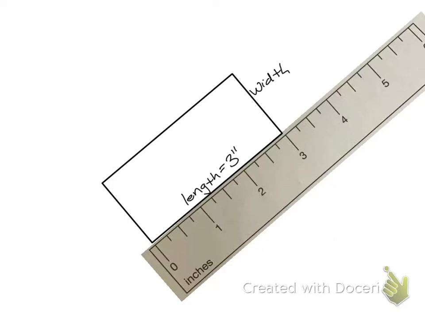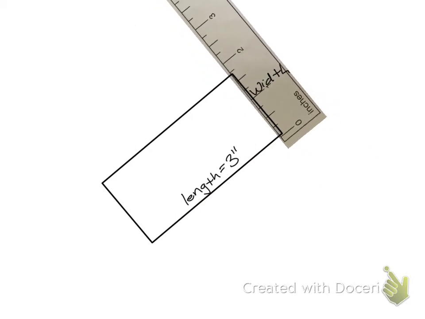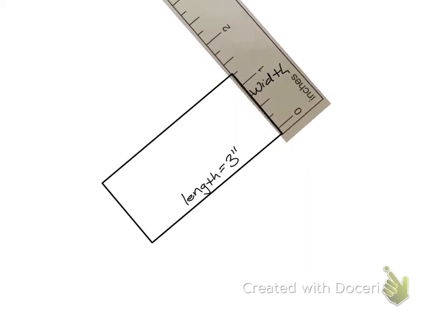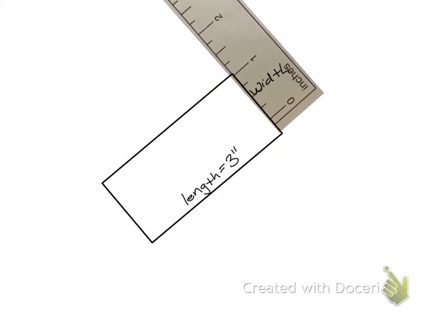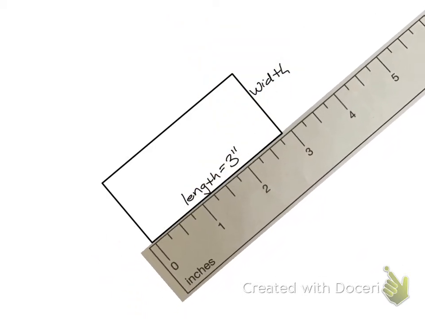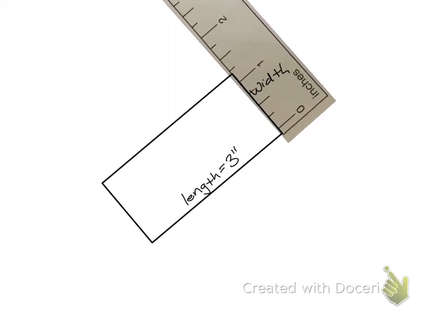So let's measure the width. The width of this rectangle, it's a little bit hard to get. Let's see, it's a little difficult to get. All right, the width of the rectangle is about 2 inches.